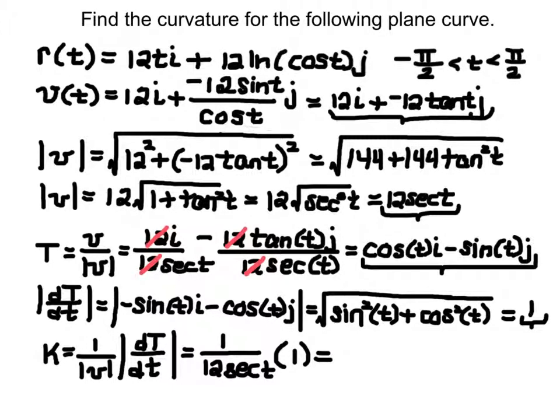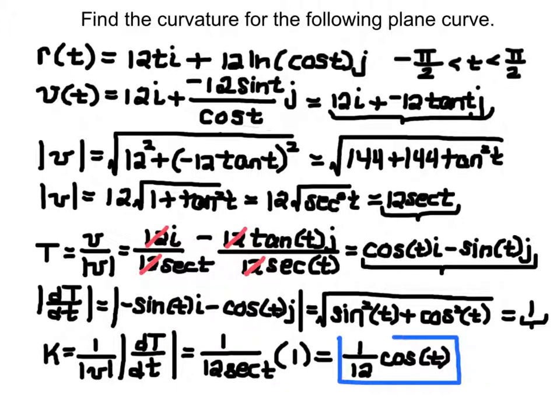So we know that secant is 1 over cosine, so the curvature is 1/12 times the cosine of t. So this is our curvature.